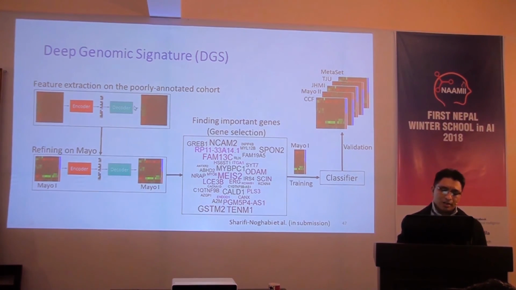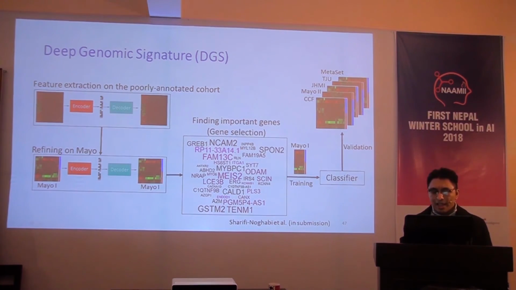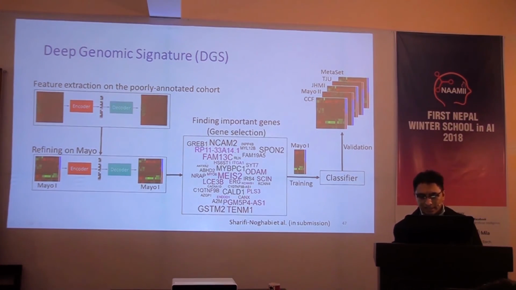We used all those features, and we further filtered out the informative features, which were informative for which patient had metastasis versus which patient did not have. And then we developed a classifying model using these signatures.